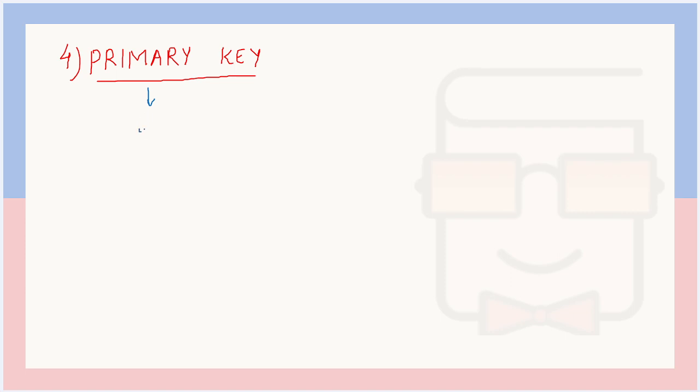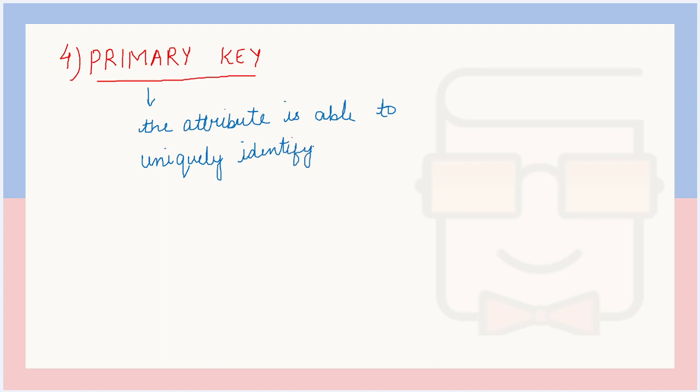So the attribute which is made the primary key, or the attribute on which the primary key constraint is applied, is able to uniquely identify. Uniquely identify means that with the value of that particular attribute which is declared as the primary key, we can identify and separate out each and every row that is present in the table.